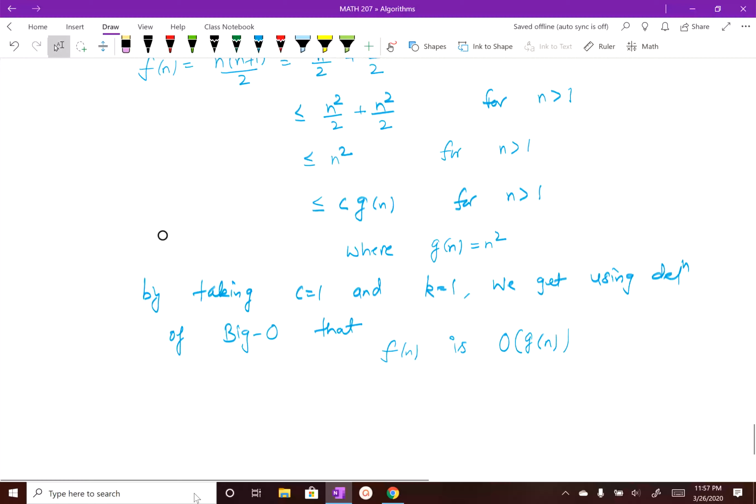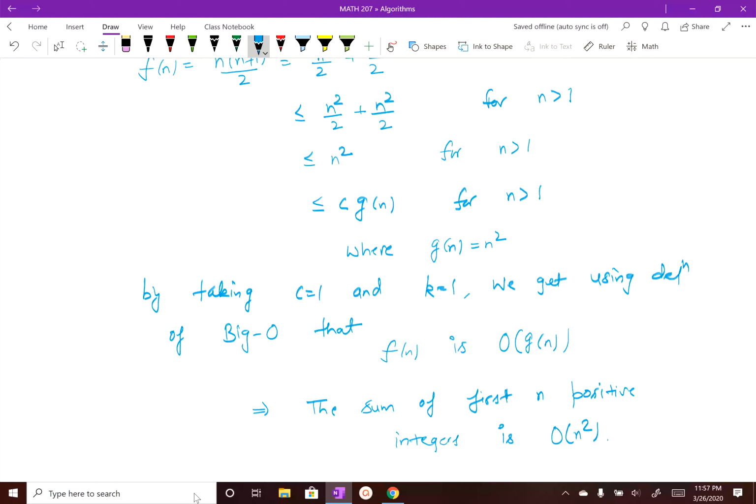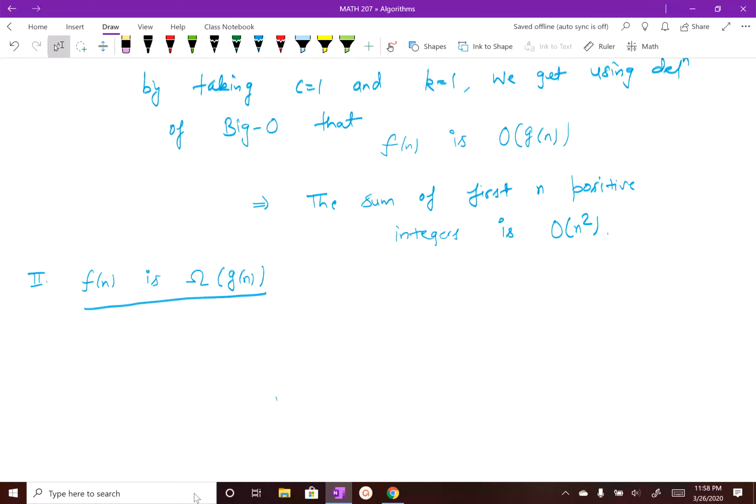Or in other words, we prove that the sum of first n positive integers is big O of n square.